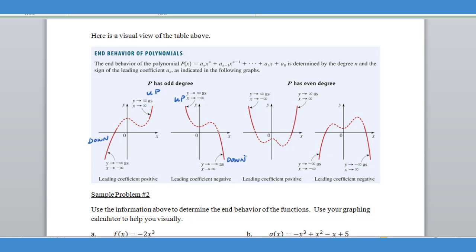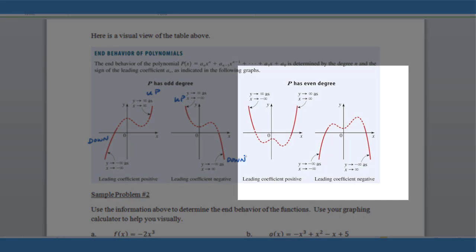Now, you can see over here on the right that if the degree is even, both the end behaviors go in the same direction. And so in this case, with a positive leading coefficient, it's going up and up, and with a negative coefficient, it's going down and down.